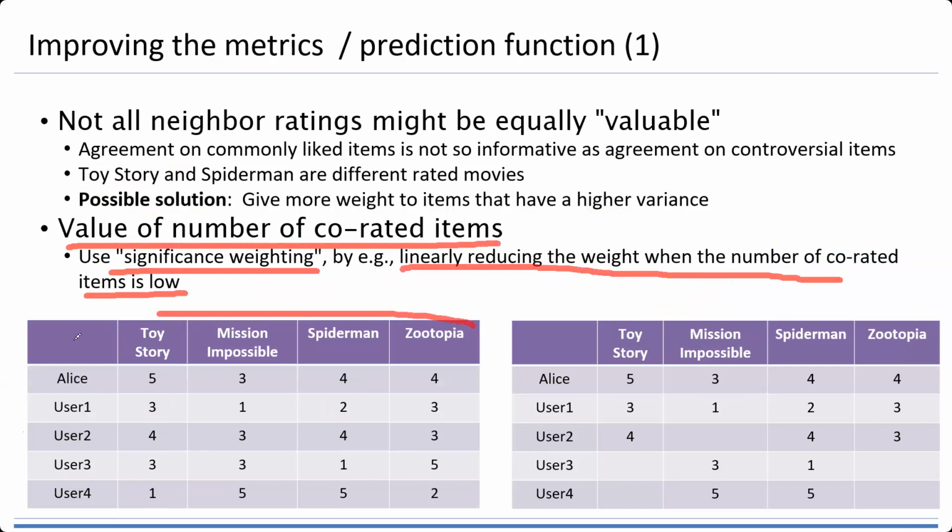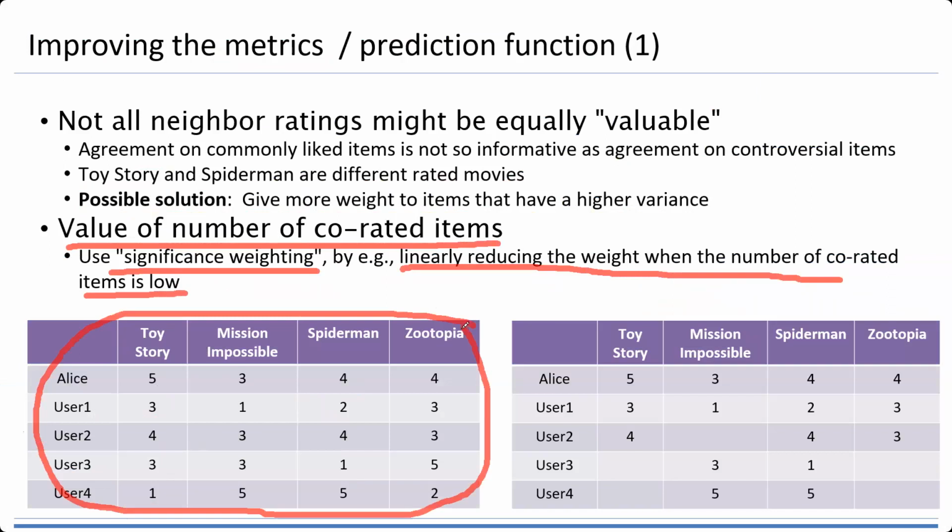You already have this table. It assumes that every user has a rating. But in the real world, some users may not give a rating. It will be missing.